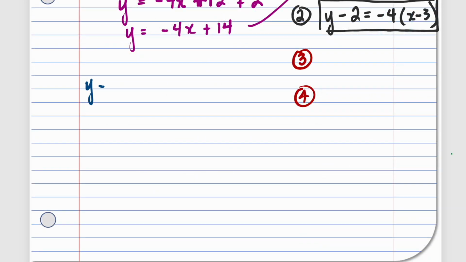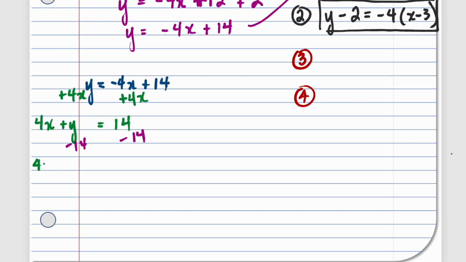From the slope-intercept form, what we need to do is make sure the coefficient with the x is positive. So we'll add 4x both sides. 4x plus y is equal to 14. And we'll subtract 14.